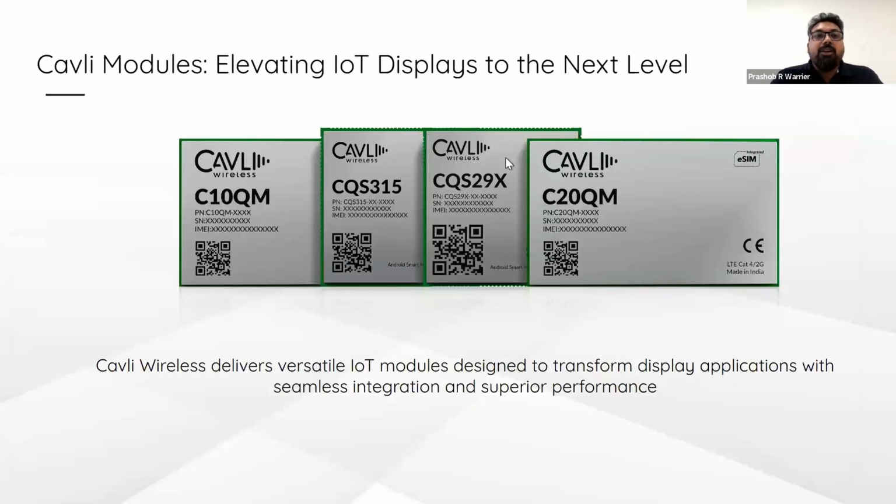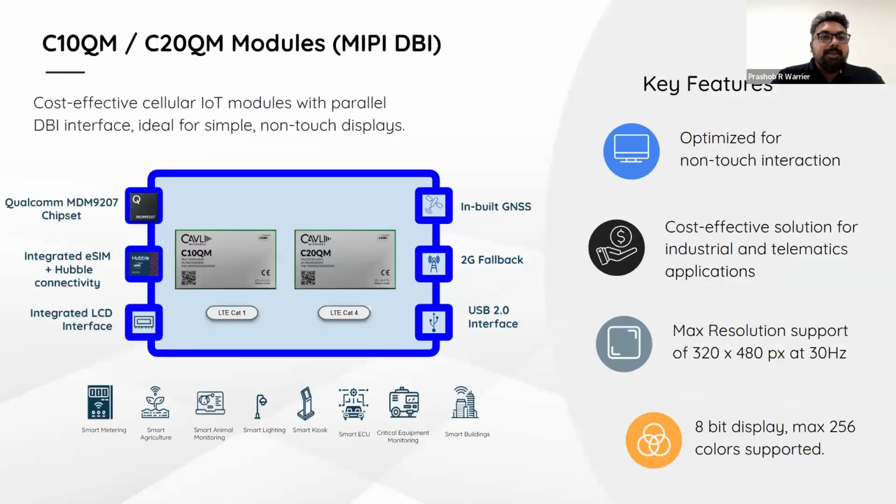At Cavli, we offer a wide range of IoT modules based on LTE Cat1 and Cat4 technology that support MIPI DBI as well as MIPI DSI interface solutions. Coming to our mid-range products, the C10 QM and C20 QM, which are LTE Cat1 or Cat4 based solutions, they have a dedicated parallel MIPI DBI interface that can be integrated with the display.